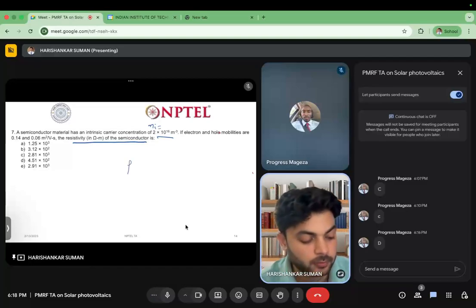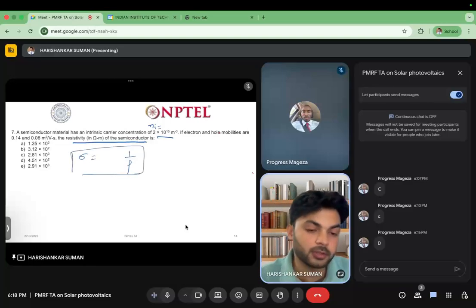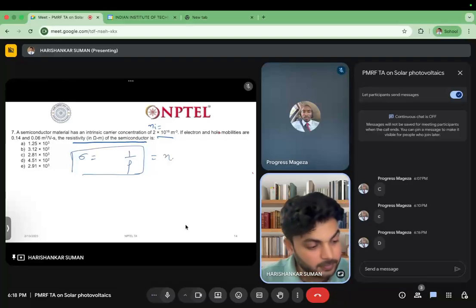Rho is 1 upon the conductivity, sigma. And what is this? If the concentration is n, e, mu, such type for electron and also for hole mobility, electron mobility, you know this formula.